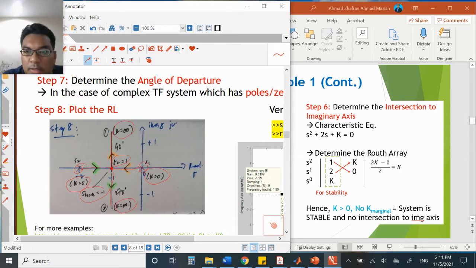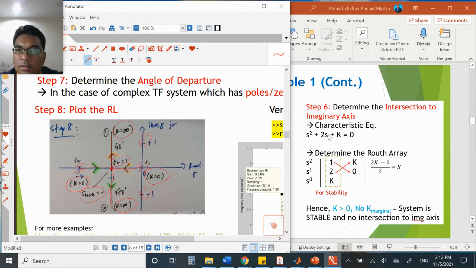Basically we don't have a marginal k, where the plot would intersect the imaginary axis, so we just have this plot. This is the complete root locus plot for this transfer function system.